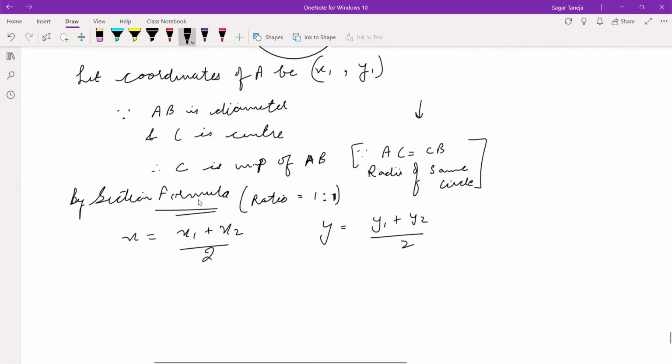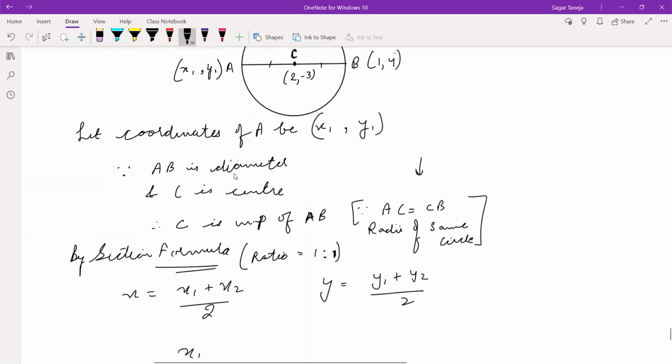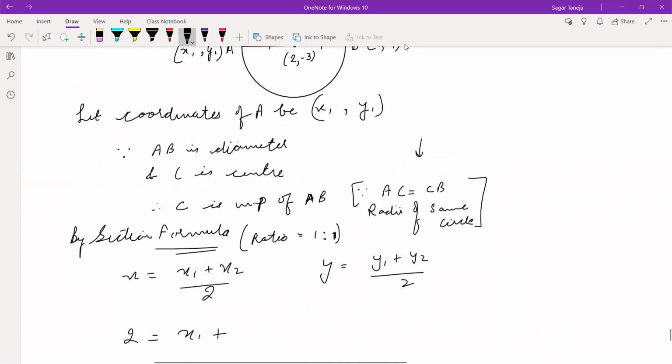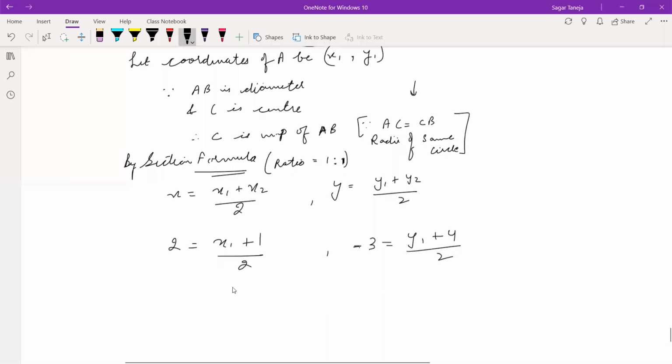After this, what is x1 here? X1 we don't know. And what is x? X, the midpoint, we know, that is 2. And x2 is also given, that is 1, upon 2. The same way this side. Y also we know, that is minus 3. And y1 is unknown and y2 is 4, upon 2. Solve both sides.